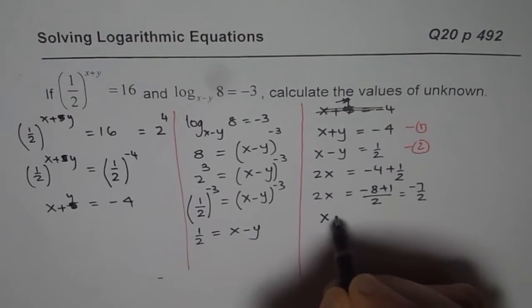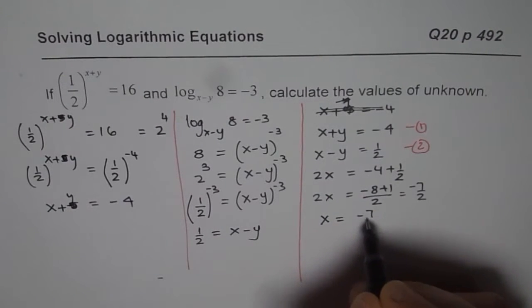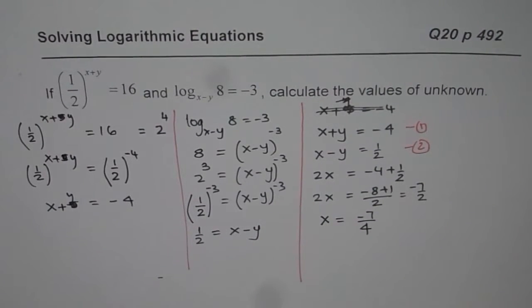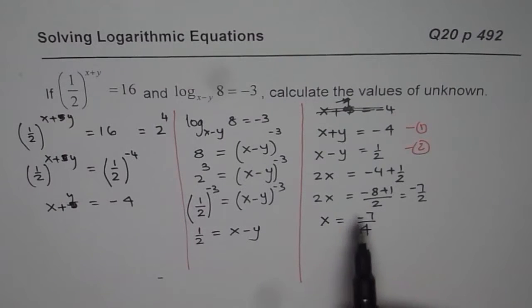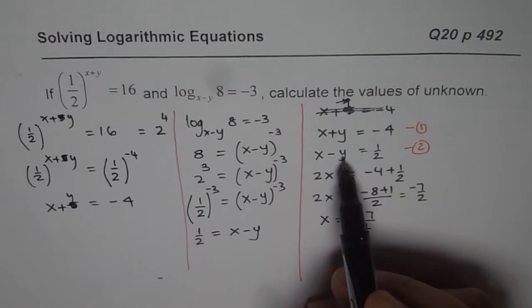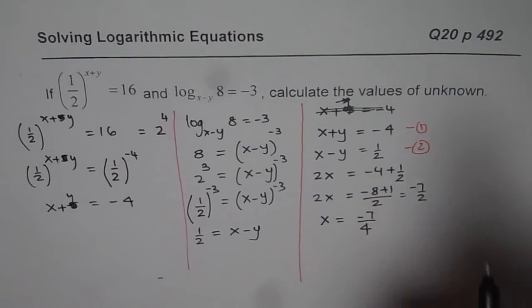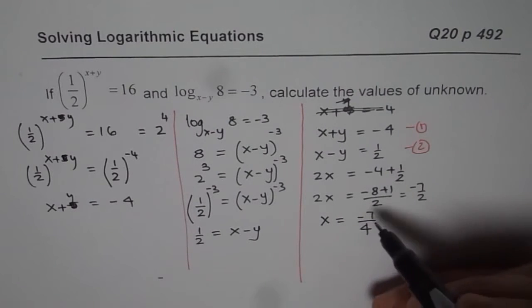So the x value is equal to minus 7 over 4. So we get x. Now using one of these equations, we can also find y, correct? So what is y equal to? We can use 1 or 2.